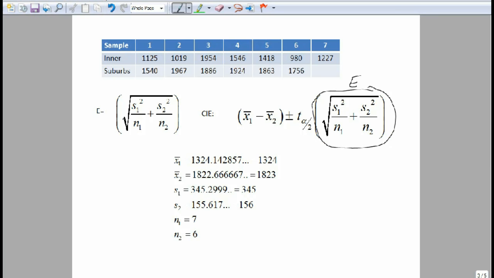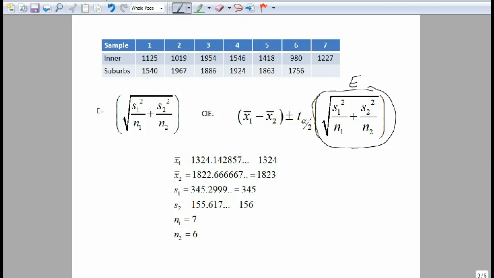So we need to find the mean of sample 1, and I've already done that, and if we added them up and divided by 7, we would get 1324.14 and so on. Normally you do not round these, but we're going to go ahead and do that to make the numbers better for us, which is 1324.